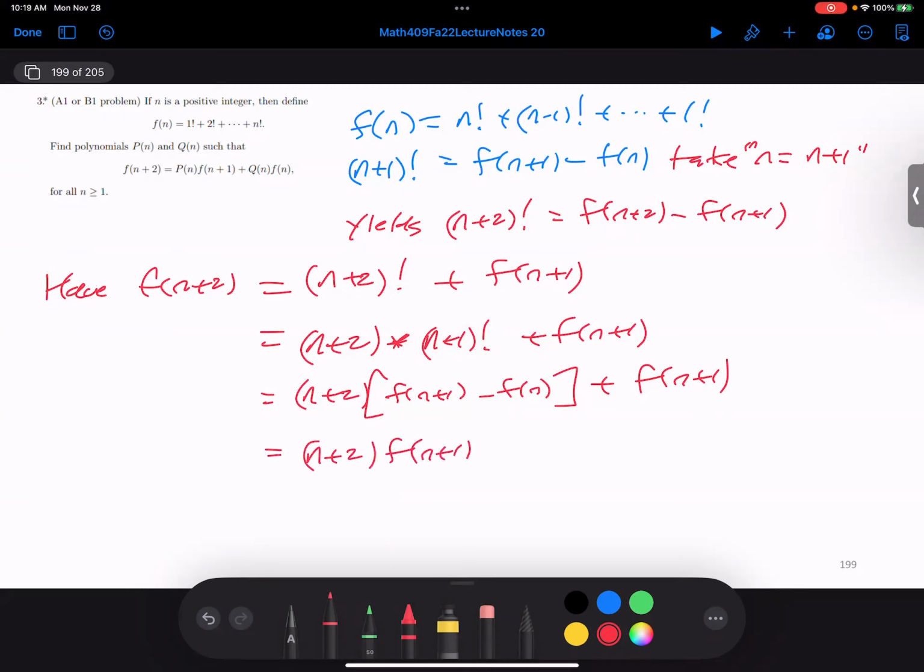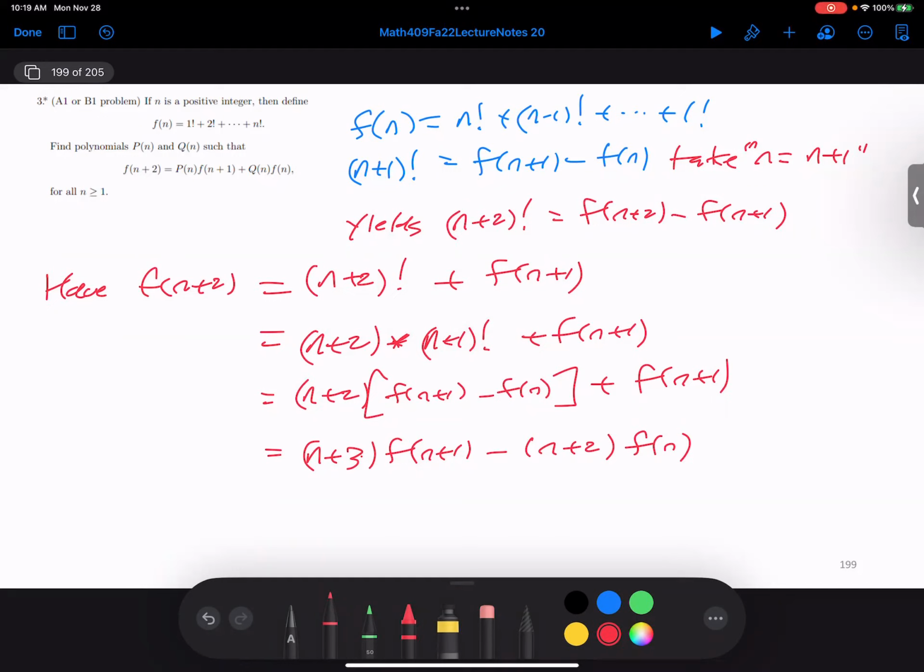Now I've got a minus (n plus 2) and a plus 1. Oh, I'm sorry. This n plus 1 should come in here and make this an n plus 3, I think. Yeah, so it should be an n plus 3. I'll splurge and use the eraser. And I get minus (n plus 2) Fn.